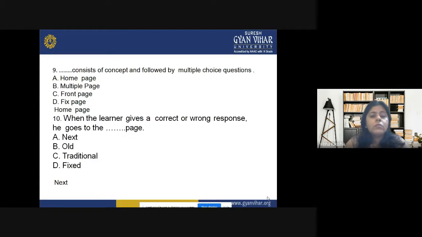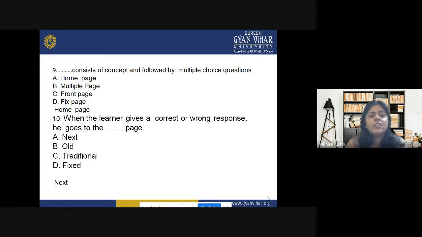Now the ninth one: dash consists of concepts and is followed by multiple choice questions.